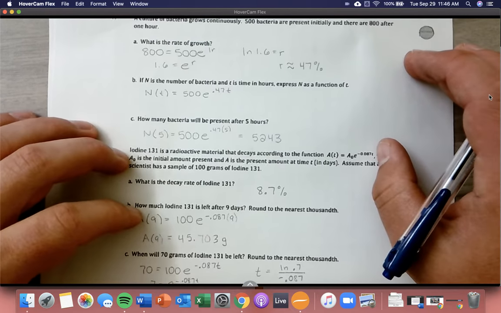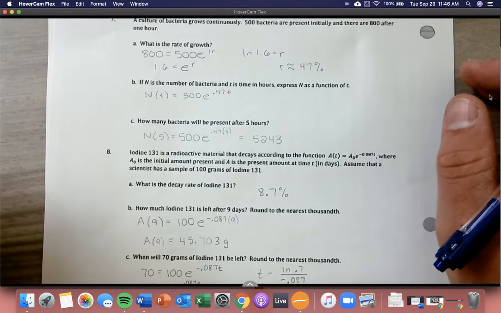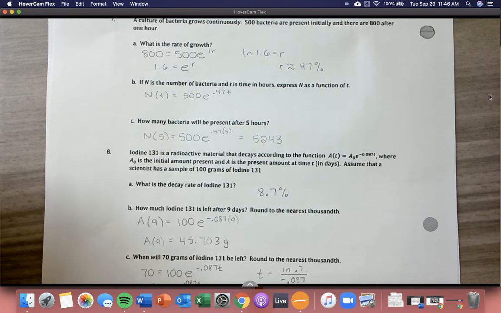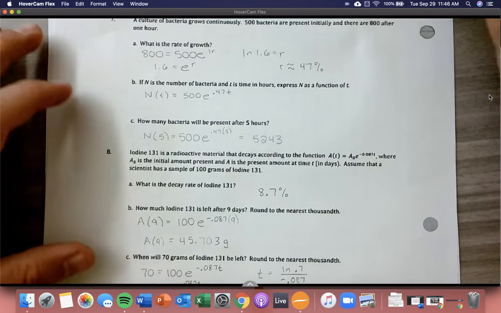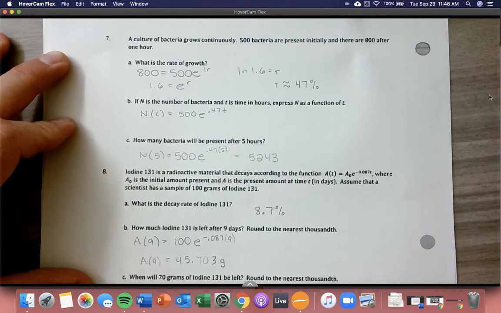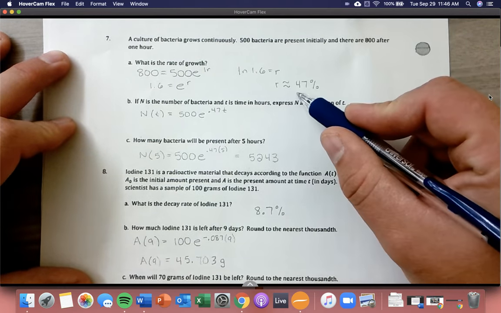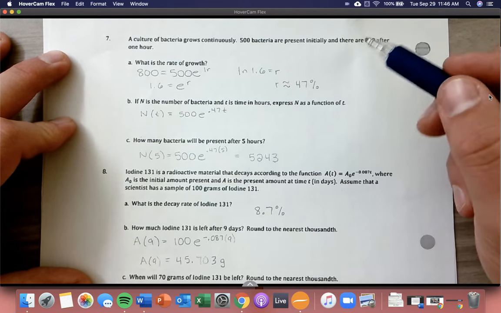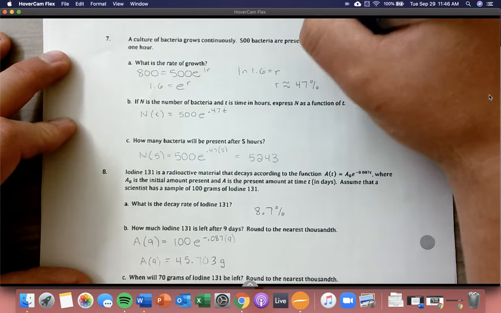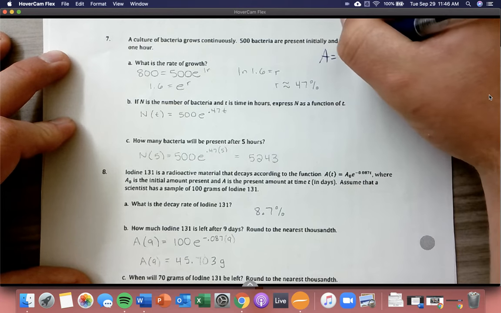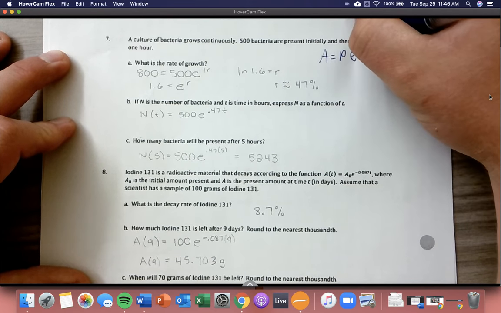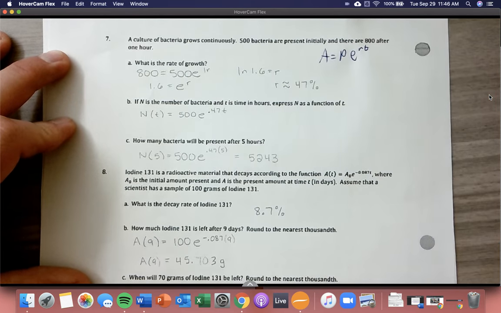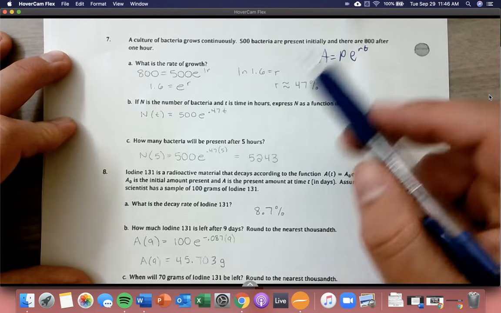Part B is asking, if N is the number of bacteria and t is the time in hours, express N as a function of t. Pretty much all it's saying is, now that we have the rate, what is our equation? Remember that A = P e^(rt).